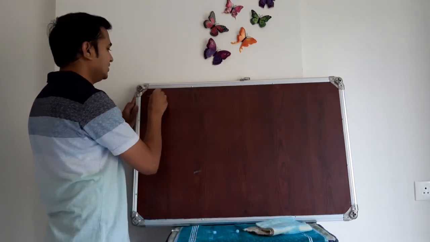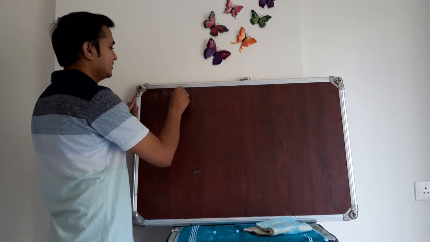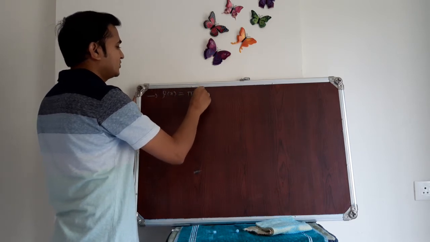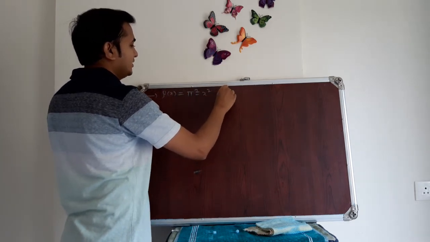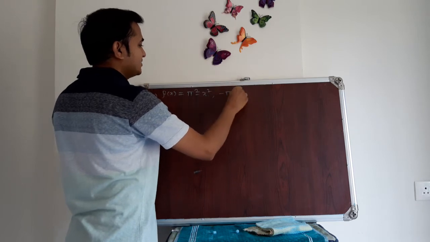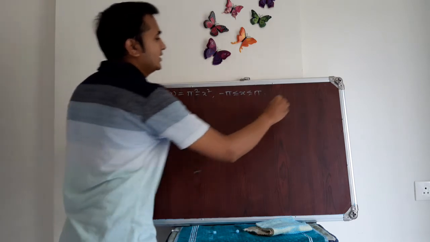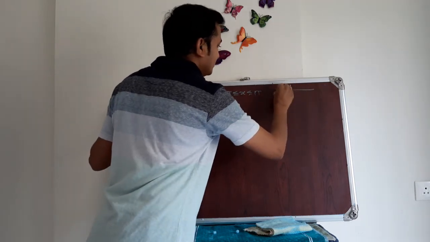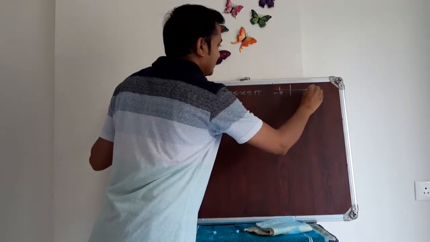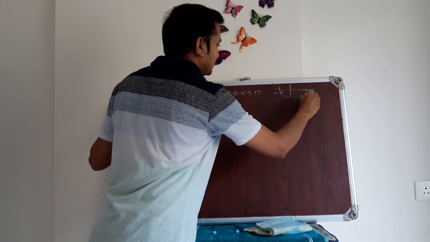So in the solution, f of x is pi square minus x square defined in minus pi to pi. So from minus pi to pi, the period is 2 pi.